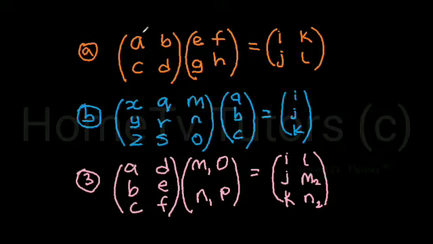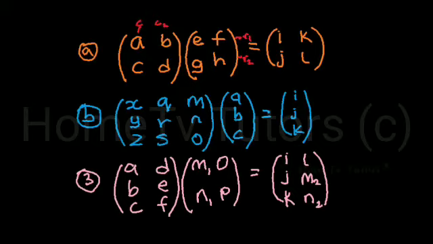So the first matrix, which we say must have the same number of columns as the second matrix has rows. Let's check how many columns the first matrix has. 1, 2 columns, and the second matrix has the same number of rows. Good.